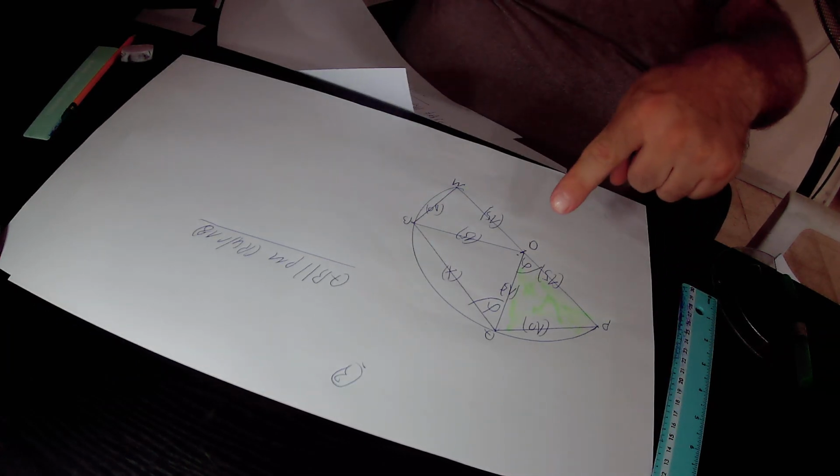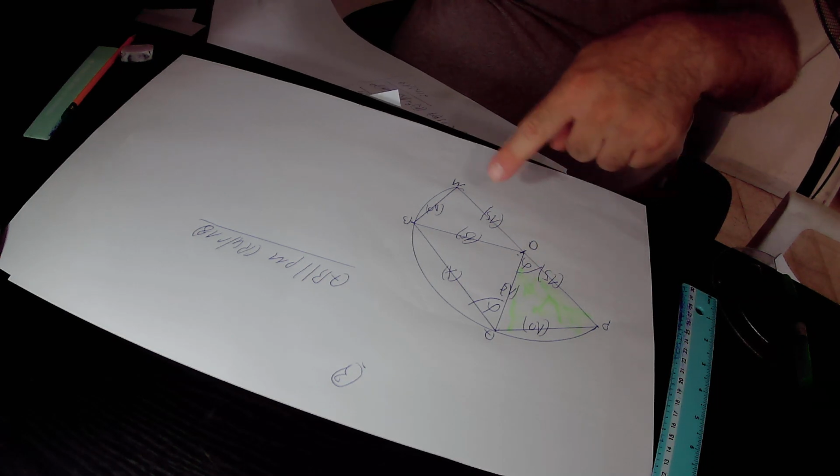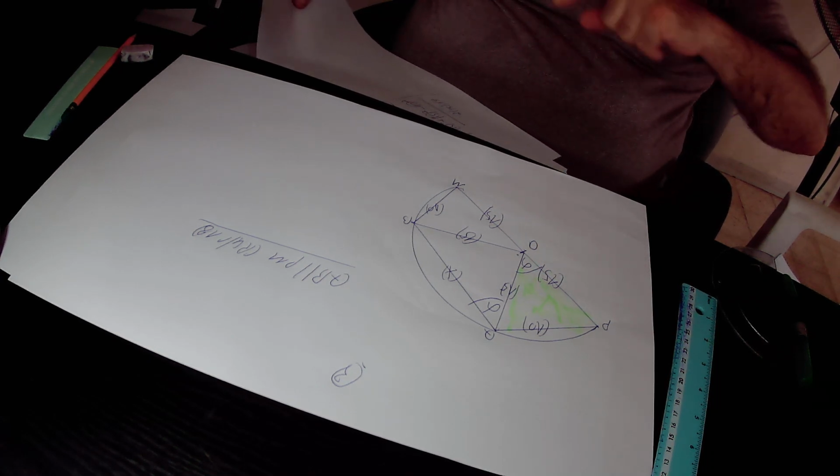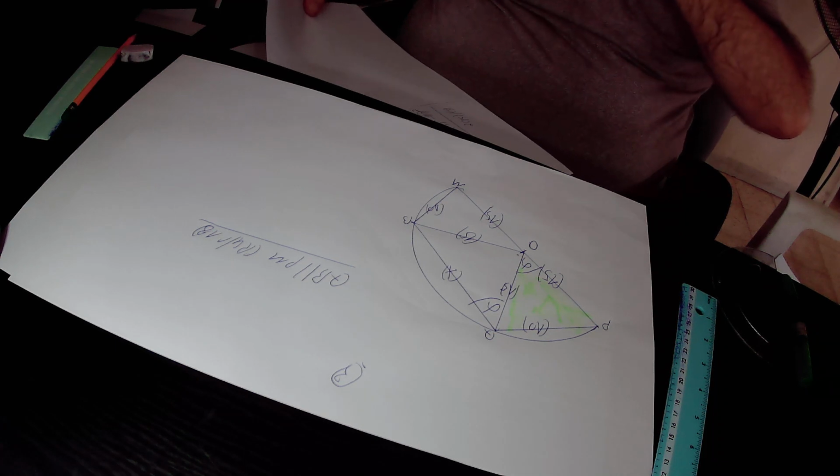In the next step, I copy this white triangle QOB here, and we implement the law of cosines in this white triangle.